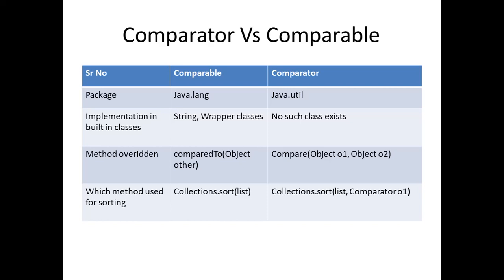And so far as the comparator interface is concerned, we will have Collections.sort with two arguments: the list, and you need to have the reference to the comparator interface object. So this is the comparison between the two interfaces meant for customized sorting of a list, comparator versus comparable.